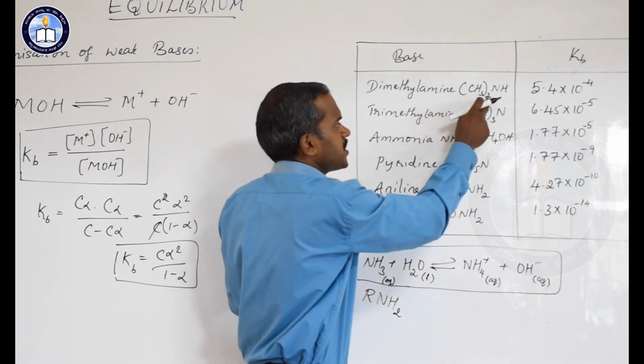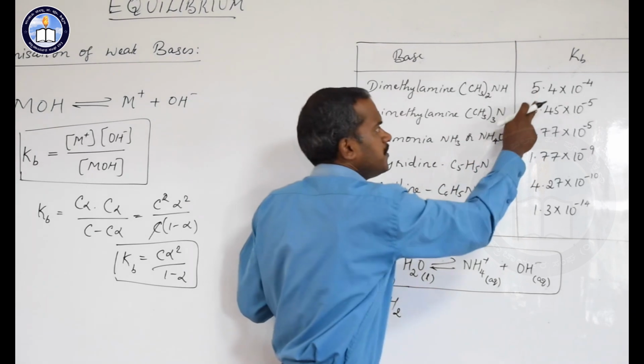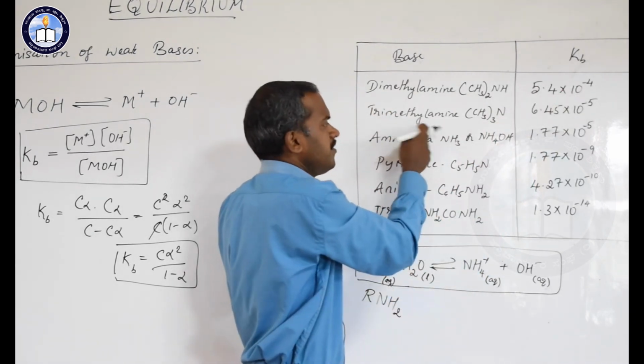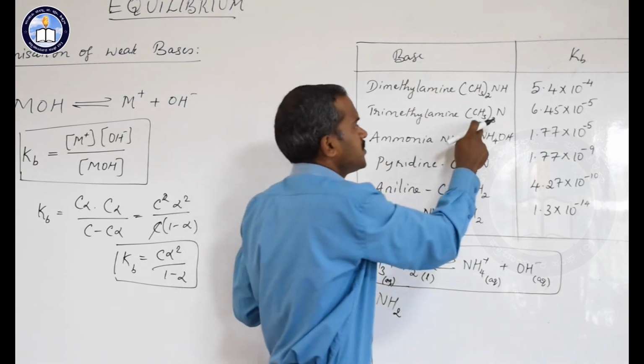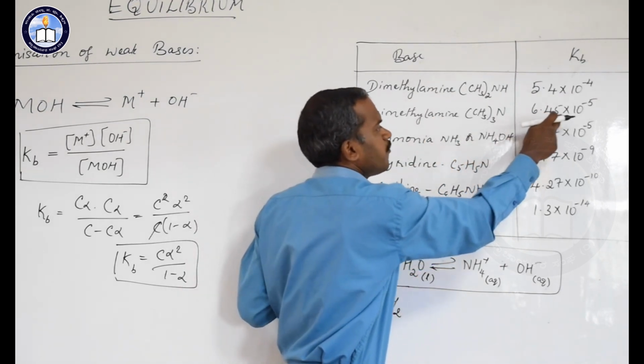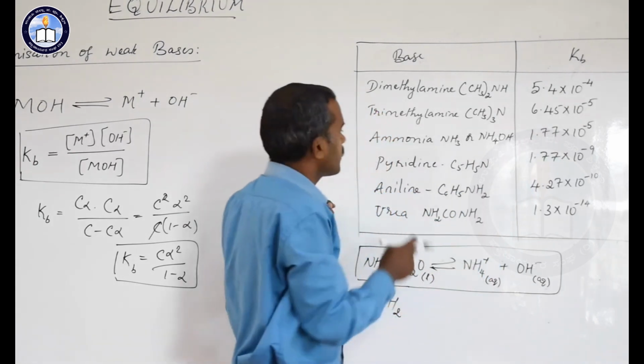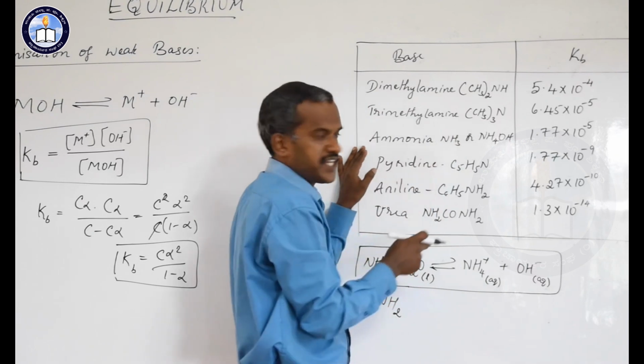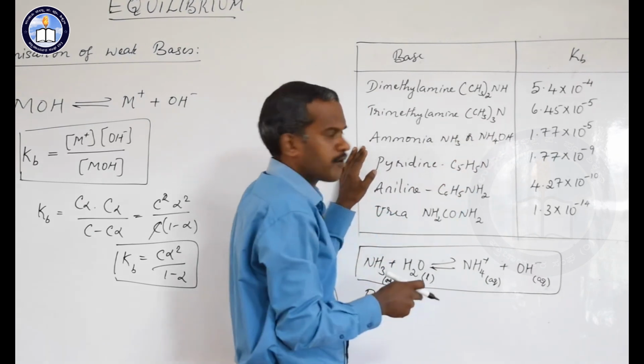Dimethylamine, formula CH3 twice NH, the value of Kb is 5.4 into 10 to the power minus 4. Trimethylamine, this is a tertiary amine, CH3 thrice N, 6.45 into 10 to the power minus 5. Ammonia, which I told you here, can be in the form of NH3, or in the aqueous medium we say ammonium hydroxide.